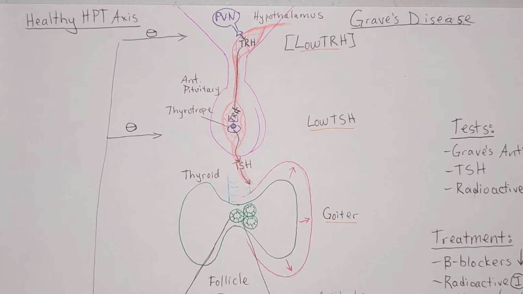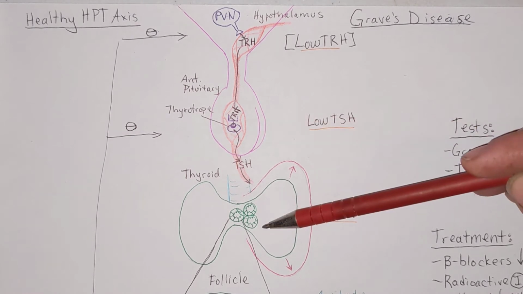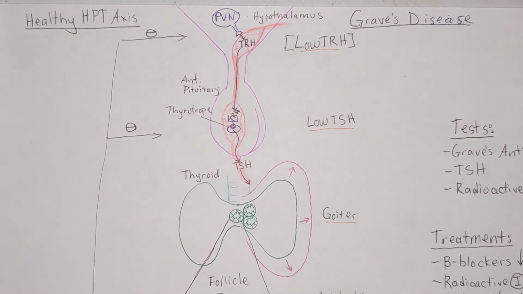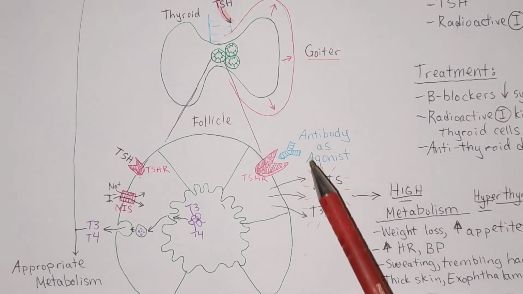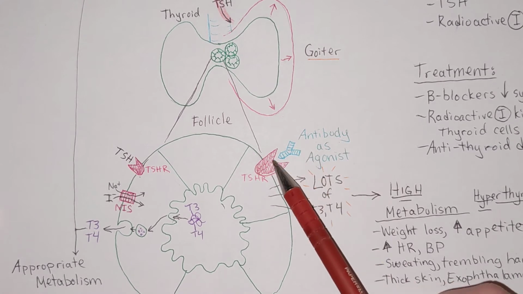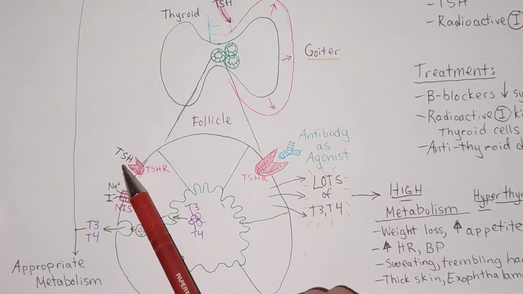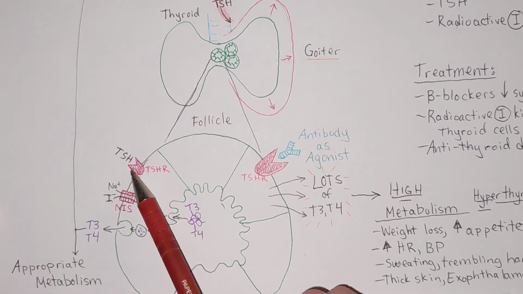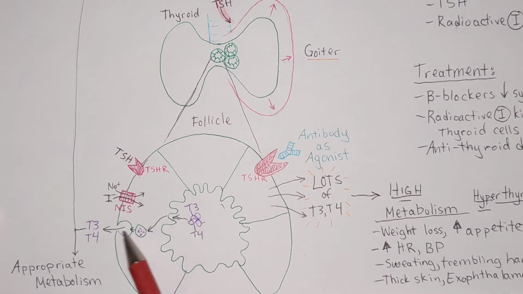Now, in Graves' disease, the hypothalamus and pituitary gland and even thyroid gland function properly. What happens in Graves' disease is that the body produces antibodies that happen to act as agonists on the thyroid hormone receptor. And so TSH binding to the thyroid hormone receptor induces the release of T3 and T4.